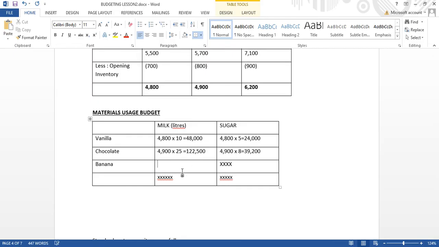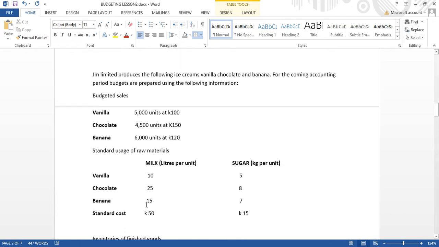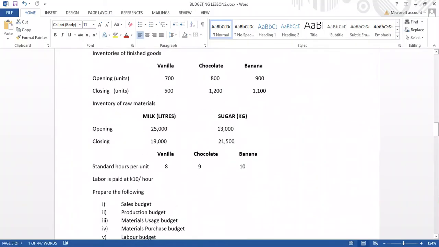Then banana, we're going to produce 6,200 units of banana. Find out how much milk we need and how much sugar we need. So banana, 15 kwacha per liter of milk, 15 liters per unit of banana and 7 kg per unit.